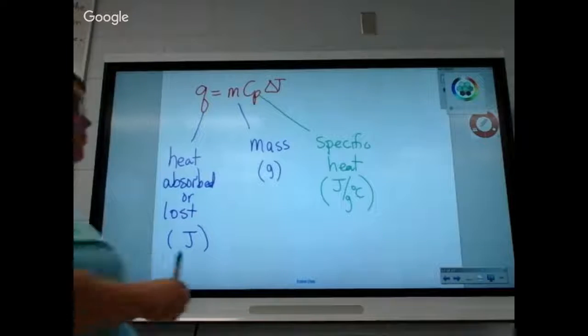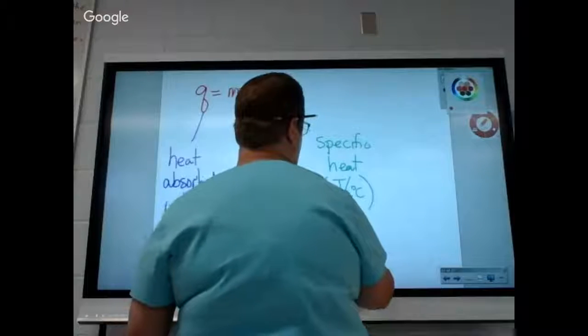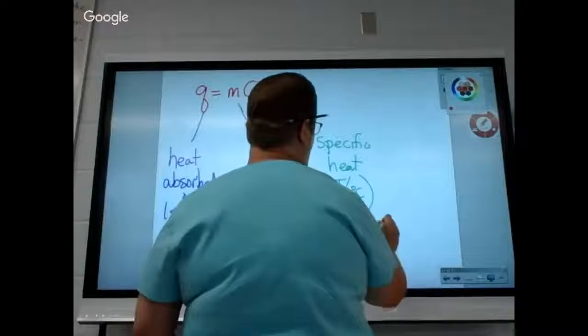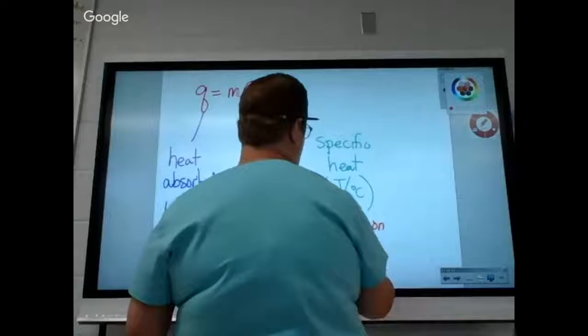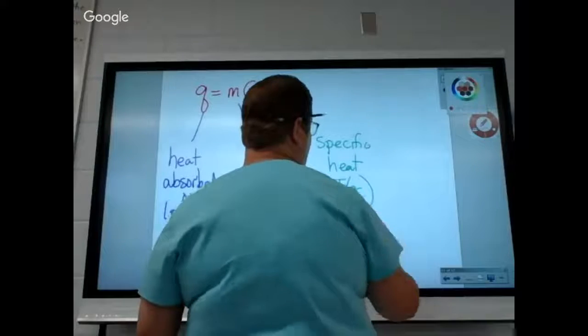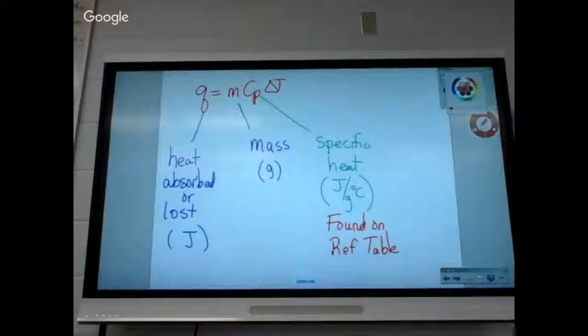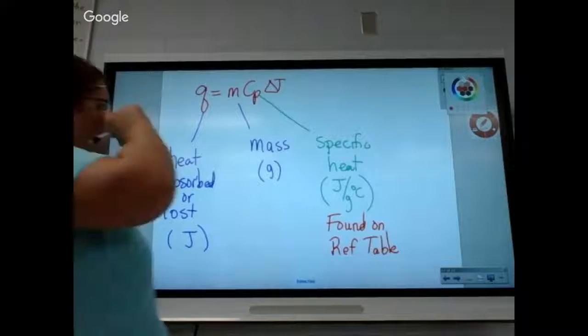Now, CP can be found on the reference table. If you need it and it's not given to you, you can find it on your reference table. I think it might have been Queen who got it confused with the density column because she looked at the wrong column on the last quiz we took last week. So it's on the reference table.